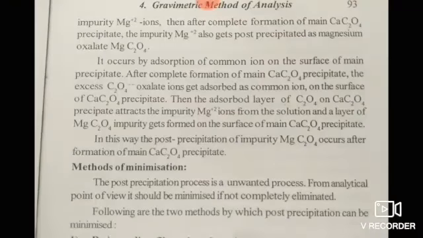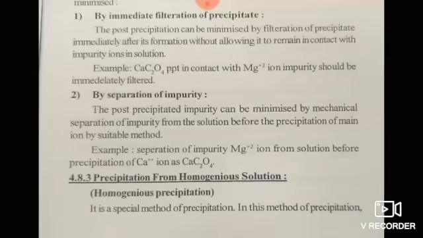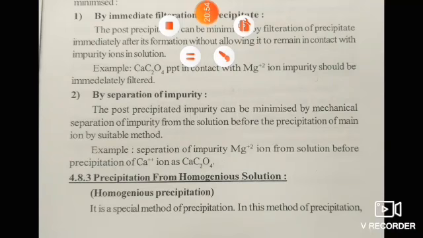Then what are the methods of minimization? There are two methods of minimization of post precipitation: one is immediate filtration of the precipitate, and second is separation of the impurities. So we can minimize or eliminate post precipitation.